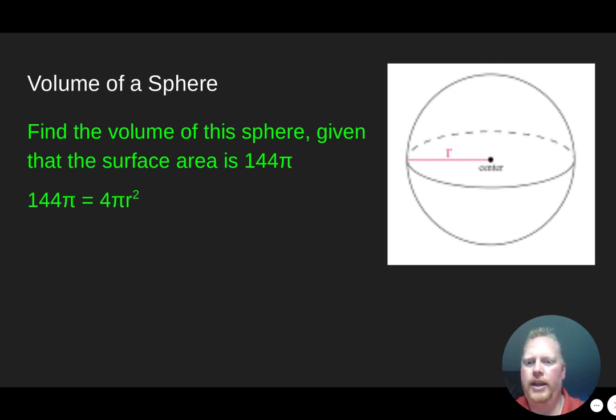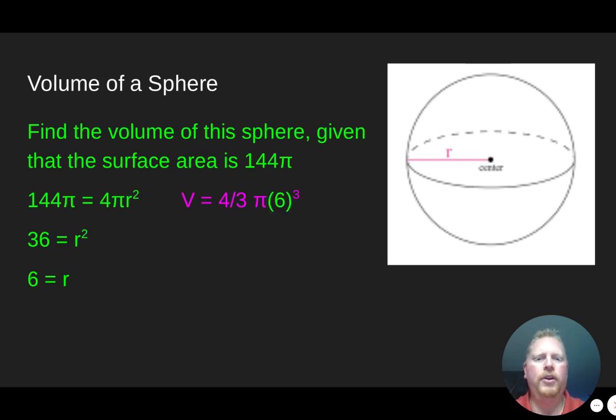And now let's go ahead and try to get r all by itself. Let's divide by 4 pi, and we get 36 equals r squared. And then when we take the square root of that, we find out that the radius is 6. So we had to do a little bit of work in order to get the radius. But now that we have it, let's plug it into that 4/3 pi r cubed.